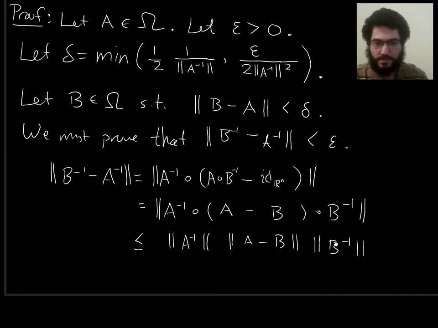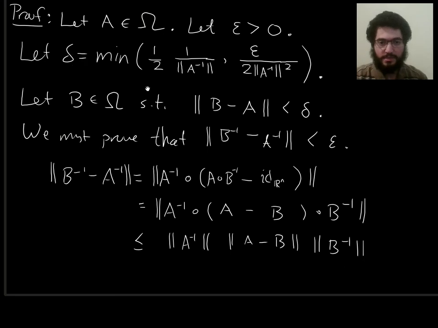All right, so now you know why delta is the smaller of two things. One of the things, it'll turn out this one, is to control this overall expression here, and the other one, it'll turn out this one, is to ensure that the norm of B inverse isn't too big. It's reasonable to think that you could maybe control the norm of B inverse.